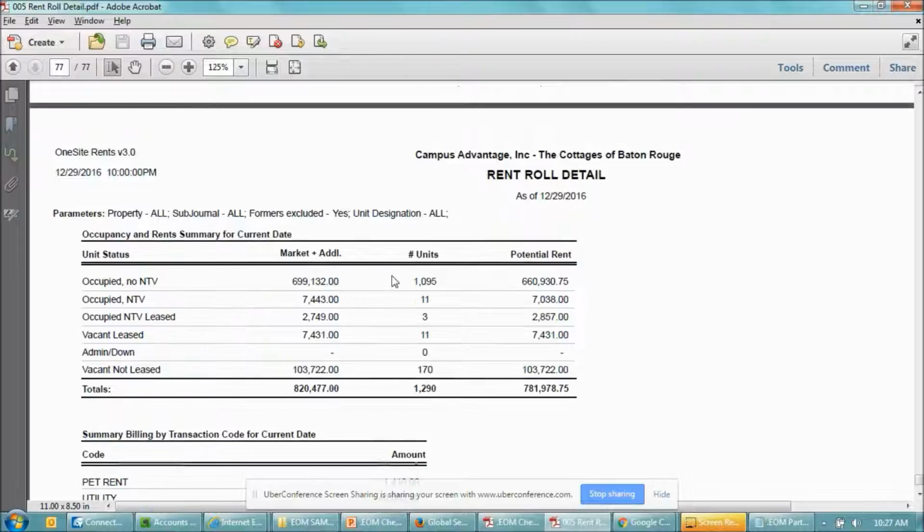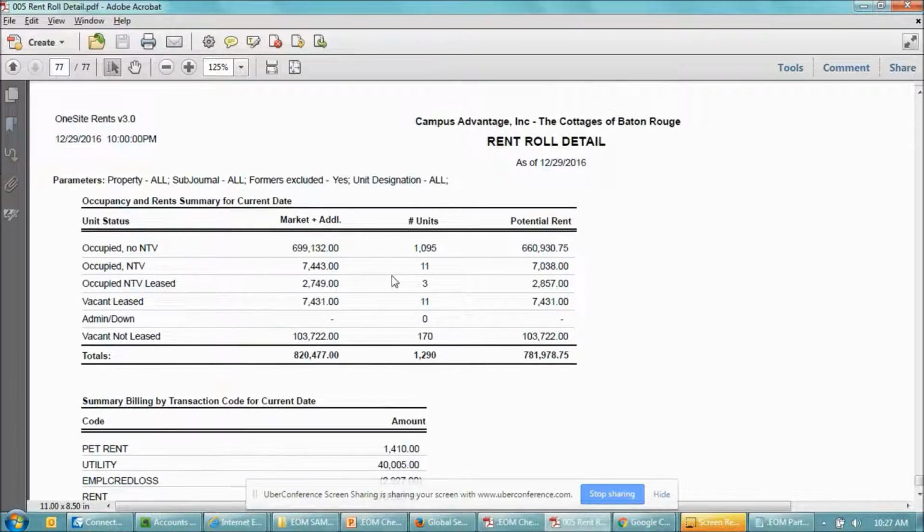For the occupancy numbers, I just went straight to the very last page on this report. In this one, it shows that we have total occupied units of over 1,000, occupied not leased, on notice to vacate, leased, vacant leased, admin down, vacant not leased, for a grand total of 1,290.